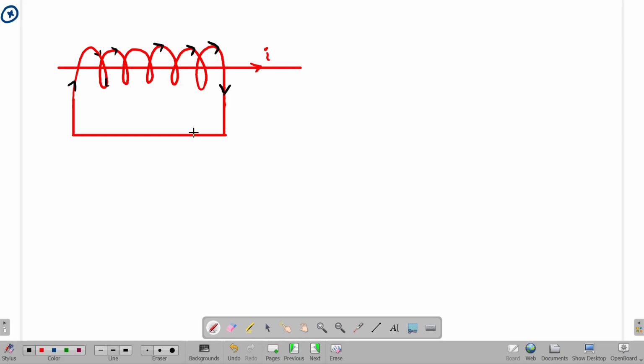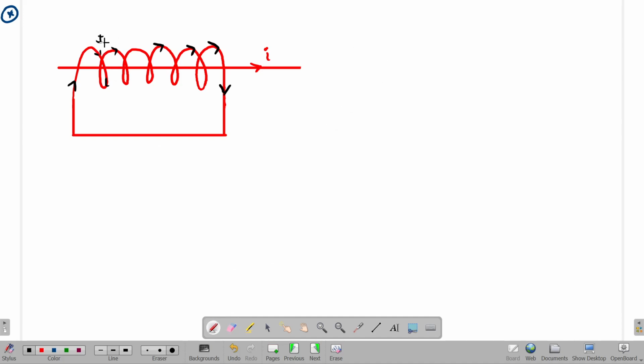So now look over here. If you see, in one closed loop, this can be treated as one closed loop, only one current is passing. Now how much is that? I. But in reality, if you look over here, how many closed loops are there?